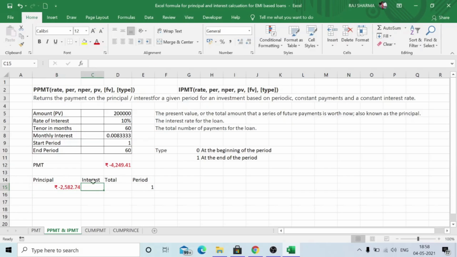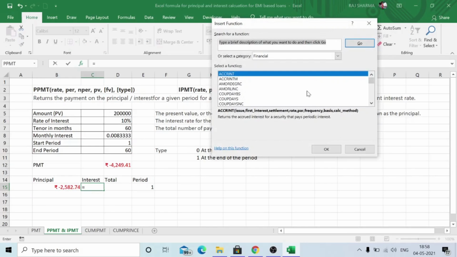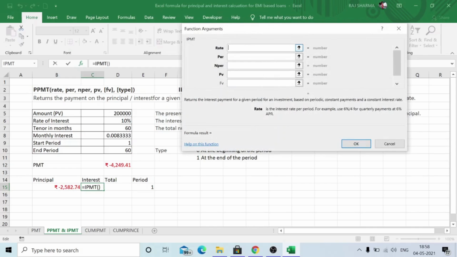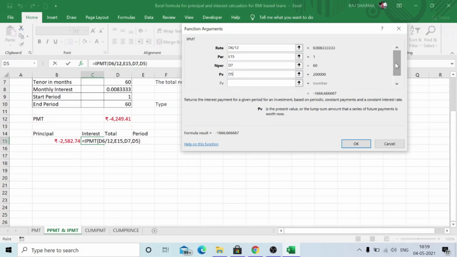Similarly, we can work out the interest payment by using the IPMT formula. So go again to insert function, choose IPMT, put the rate divided by 12, then per is the period, then NPER is the total number of payments, PV is the present value, and type is 0, and press enter.